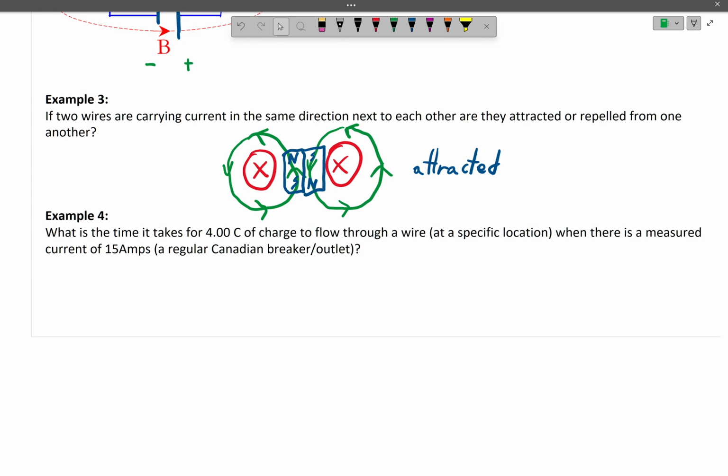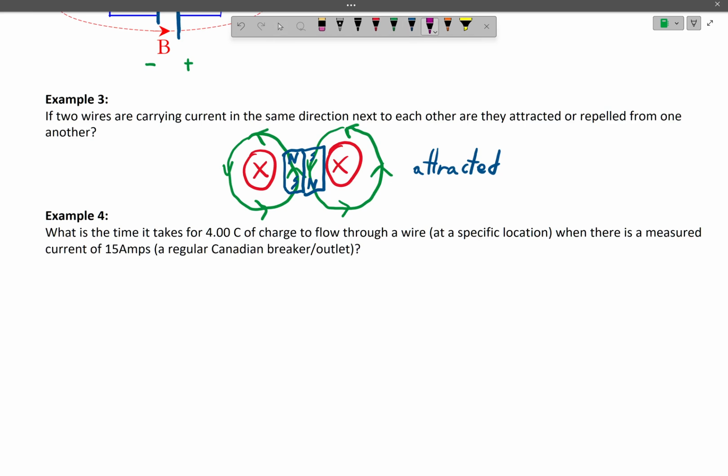Okay, let's look at example 4. What is the time that it takes for a 4 coulomb amount of charge to flow through a wire at a specific location when there is a measured current of 15 amps, which is a regular Canadian breaker or outlet?